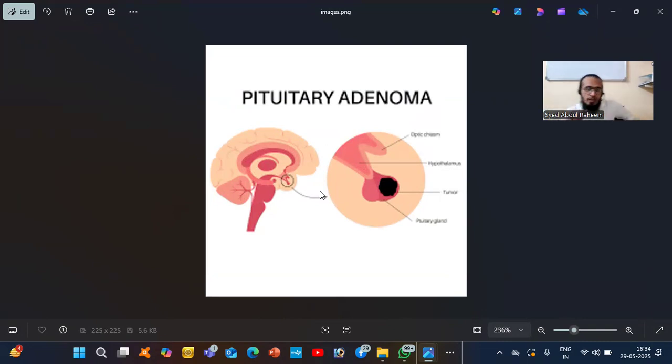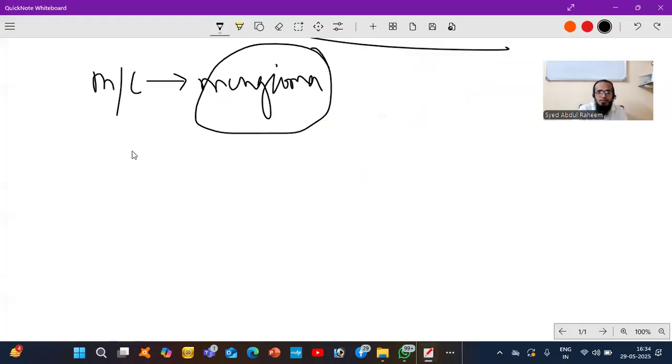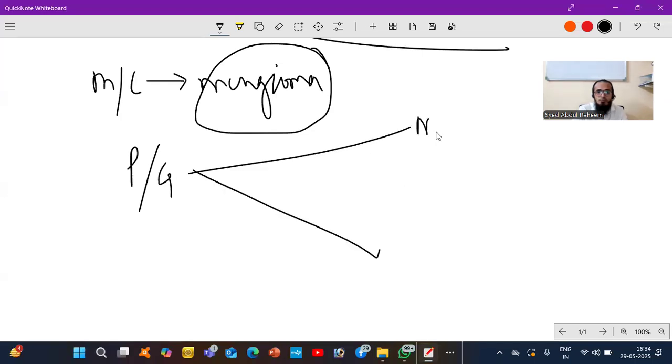There may be two types of tumors within the pituitary gland. One is micro, small, and the second one is macro, larger. How do we identify whether it is macro or micro?